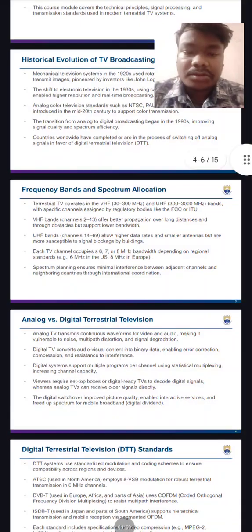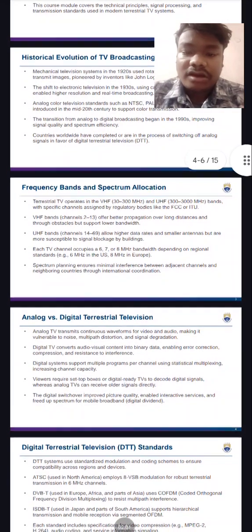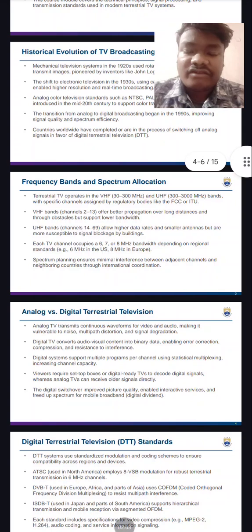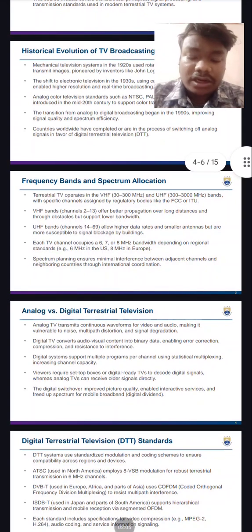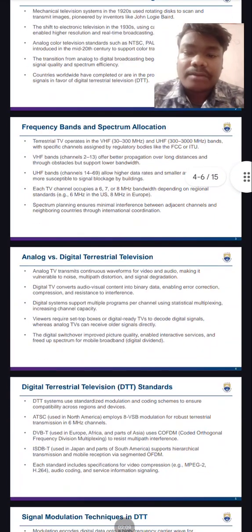switching from analog signals in favor of digital terrestrial television, DTT. Frequency bands and spectrum allocation. Terrestrial TV operates in the VHF 30 to 300 MHz and UHF 300 to 3000 MHz bands, with channels assigned by regulatory bodies like the FCC or ITU.